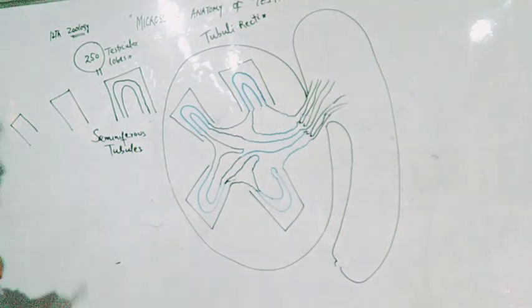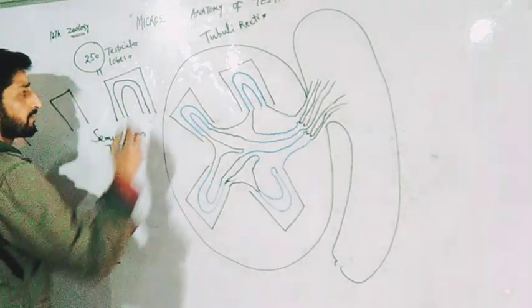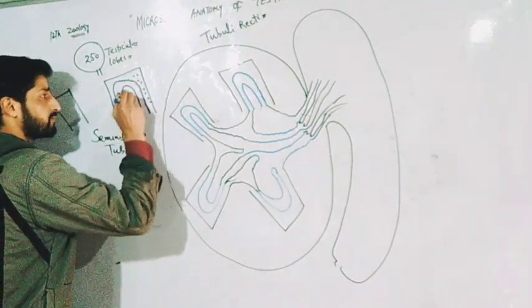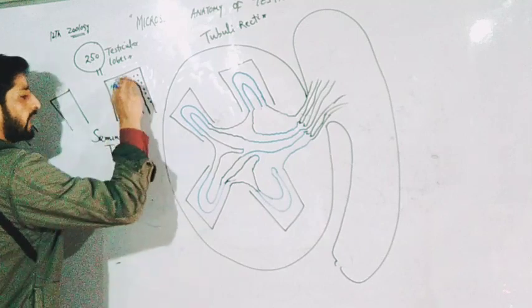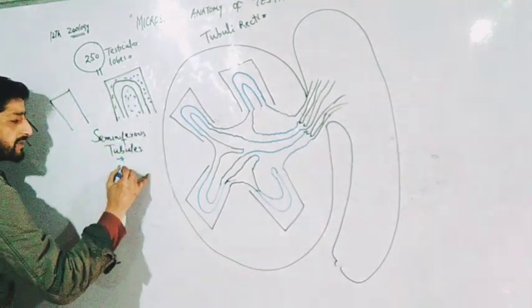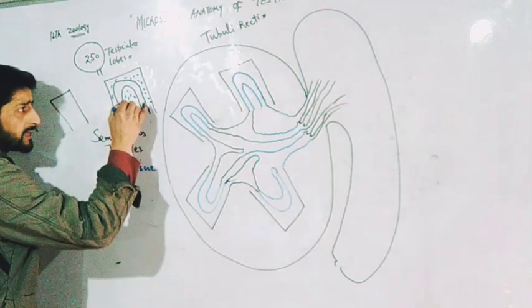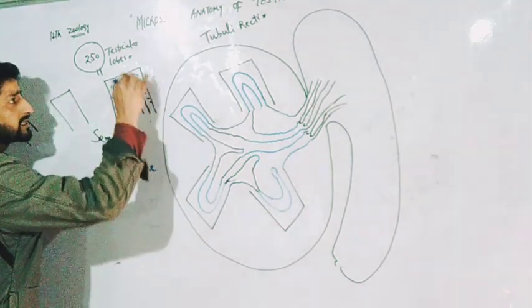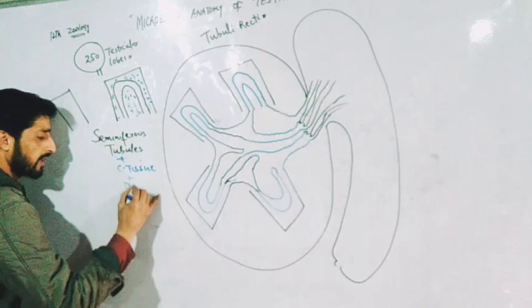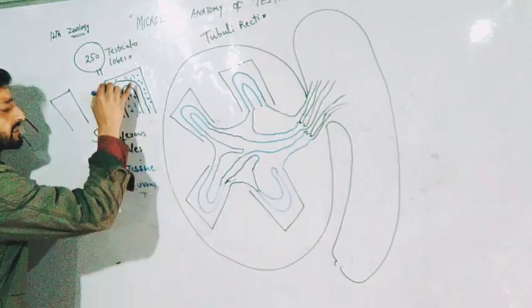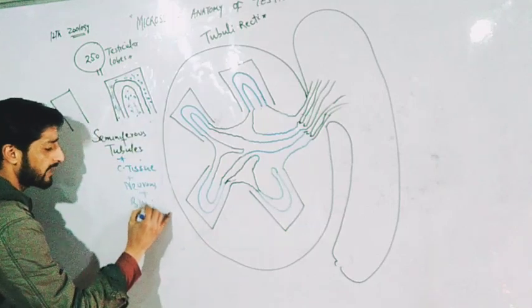Along with the seminiferous tubules, there is connective tissue. Along with the connective tissue, there are a large number of neurons, and there are also blood capillaries.